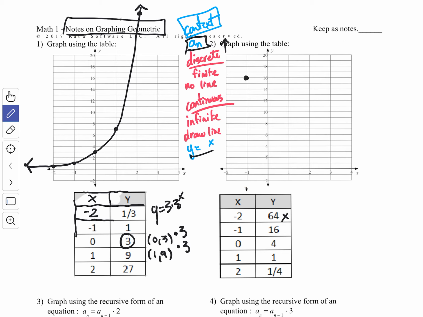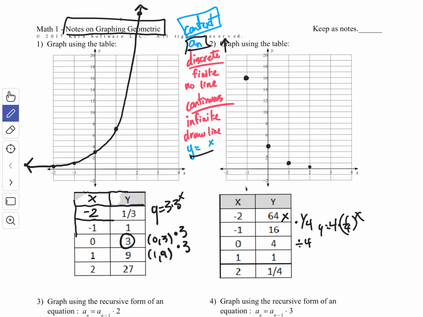However, negative 1, 16 we can. 0, 4; 1, 1; and 2, 1/4. We can definitely see that we are timesing by a fourth, or in other words, dividing by 4 each time. So it'd be 4 times 1/4 to the x if we were making our equation.